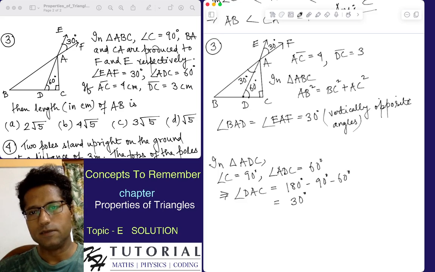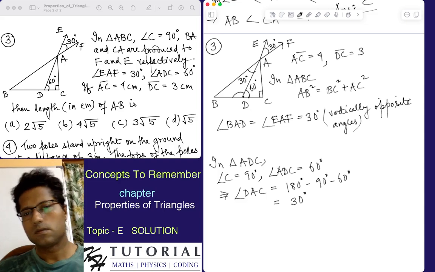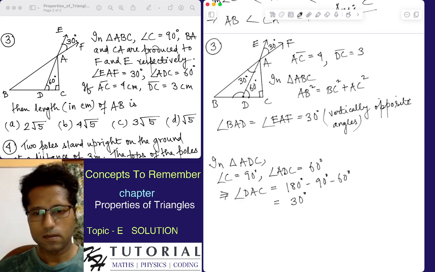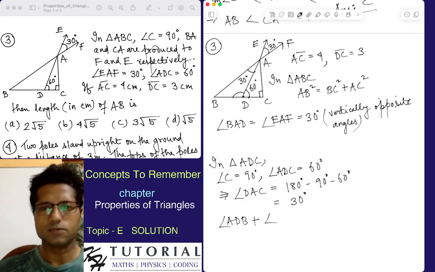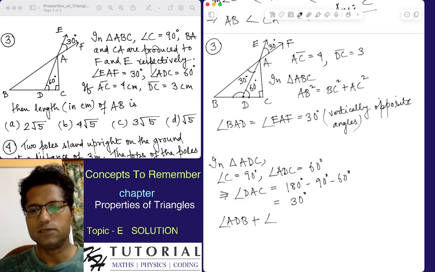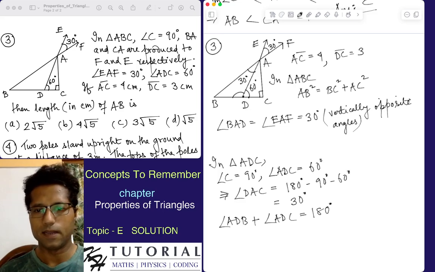Angle DAC is 30 degrees. Now we know that angle ADB plus angle ADC are a linear pair of angles and they must add up to 180 degrees.